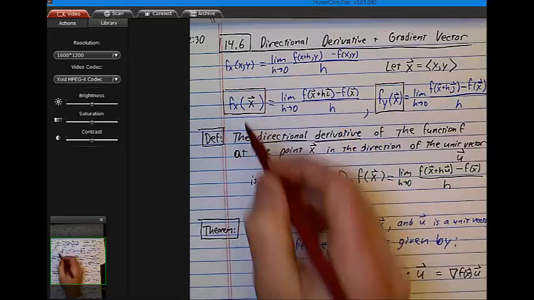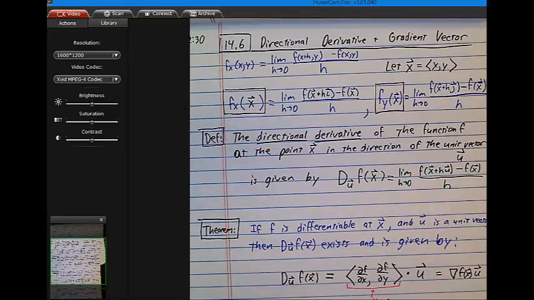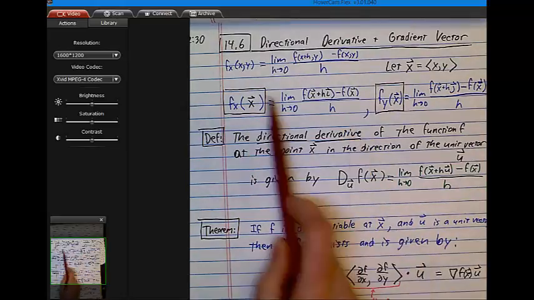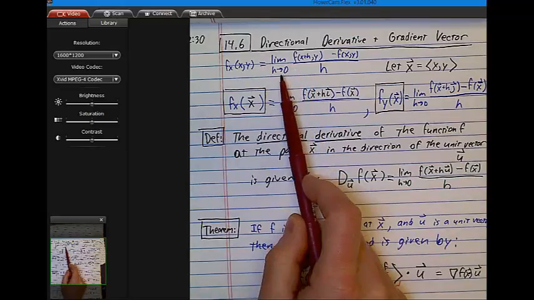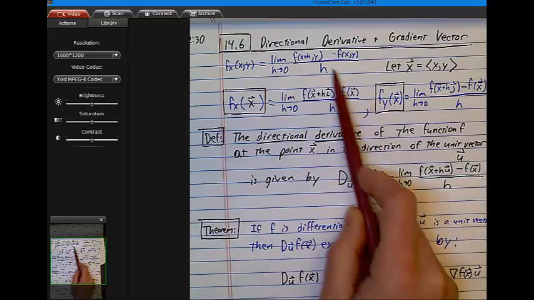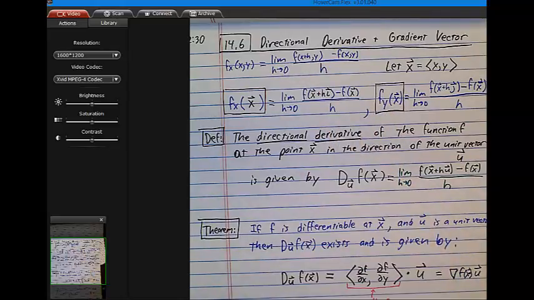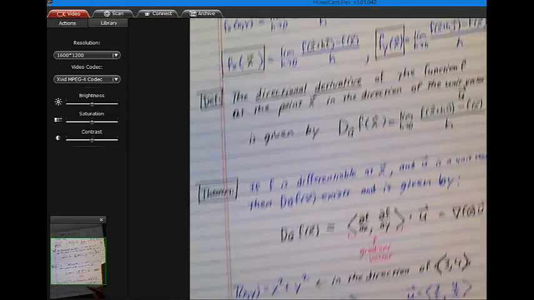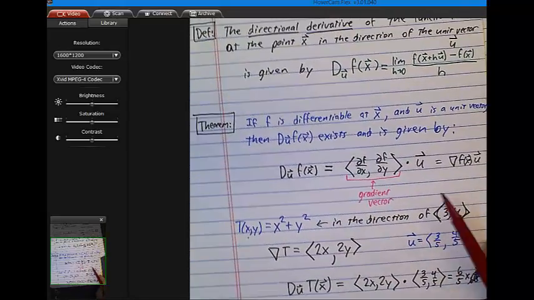We have these things called partial derivatives. And this is how you did it, with the difference quotient, either here with the h, or if you're moving in the y direction, you put the h by the y. So then the question is, can you move in any other direction and talk about that rate of change? And the answer is yes, and we call that the directional derivative.